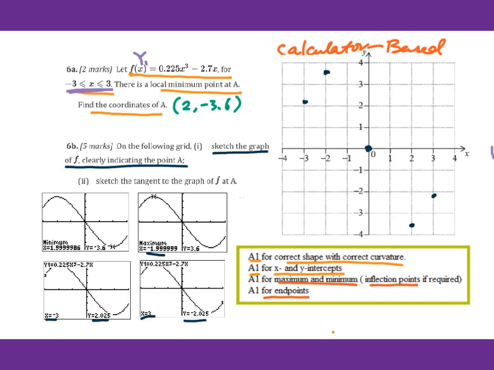Then you can connect these points to sketch the graph smoothly. For the second part of 6b, sketch the tangent to the graph of f at A. We know it will be a horizontal line.